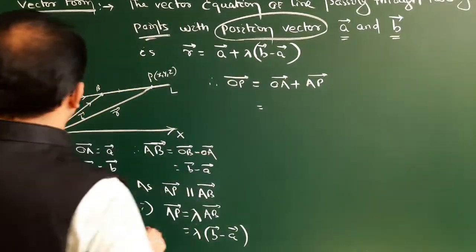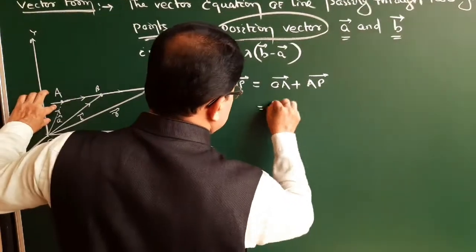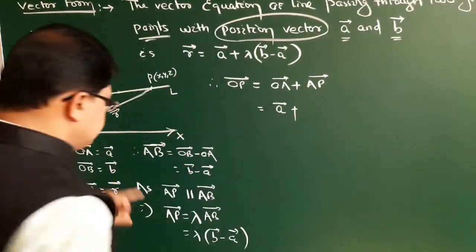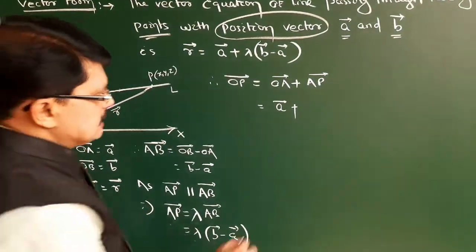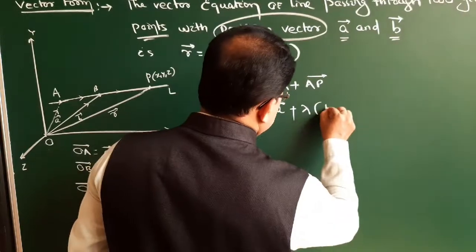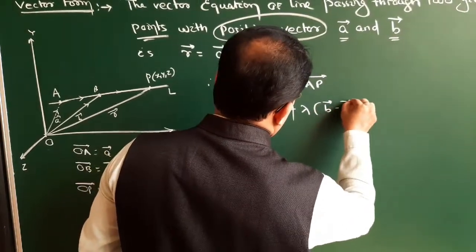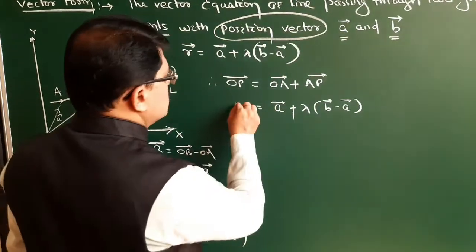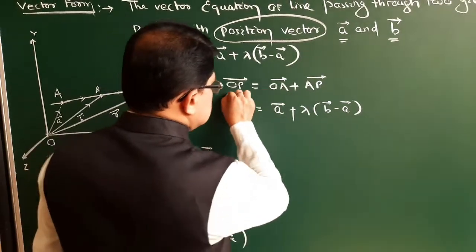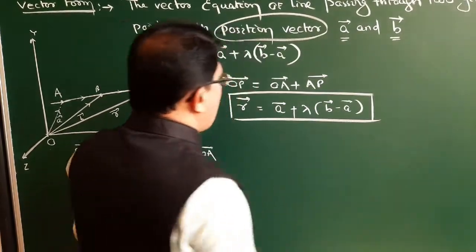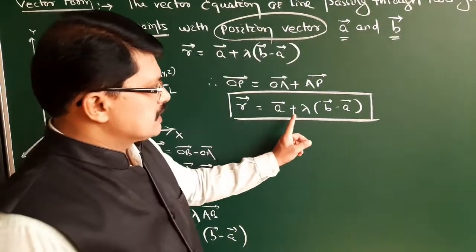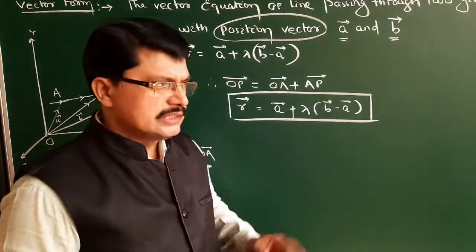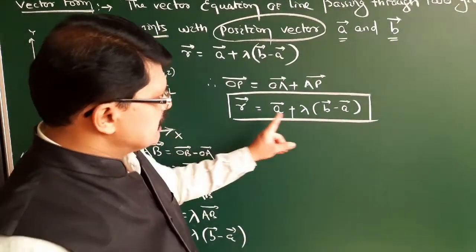What is our OA vector? OA vector is A vector, and AP vector is lambda into B minus A. Now OP is the position vector of P, so R vector is equal to A vector plus lambda into B vector minus A vector. This is very simple. You have to remember this formula only.